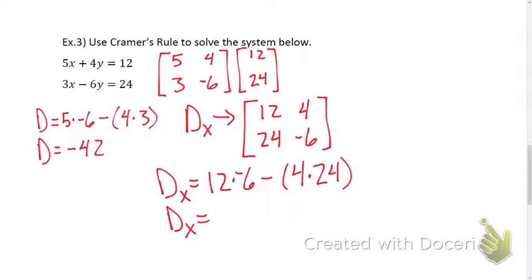Let's see, we get some big numbers on this one. Negative 72 minus 96, so negative 168.